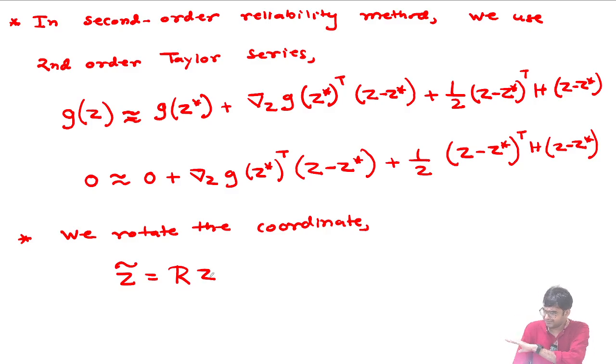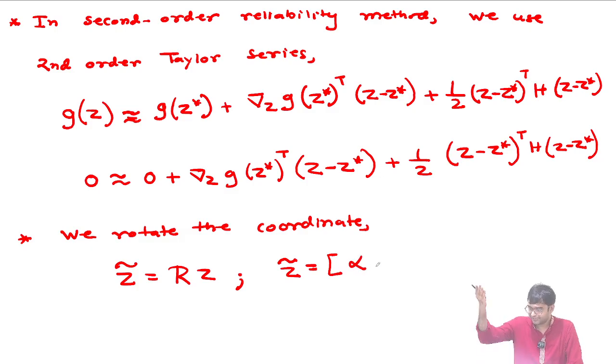So in that same space, I am just rotating it such that the first direction aligns with the unit normal vector along the gradient. So that is why I said that Z tilde will be equal to alpha, which is the unit normal vector. So that is the basis function, right? I am writing here Z tilde, but it is actually the unit normal vectors in Z tilde. So that will be along alpha, and then the other thing I said was Q. And these are orthogonal, obviously, because these are unit vectors.